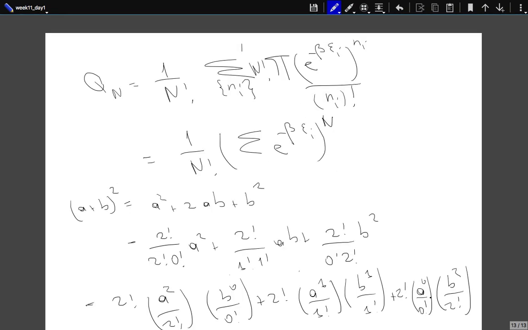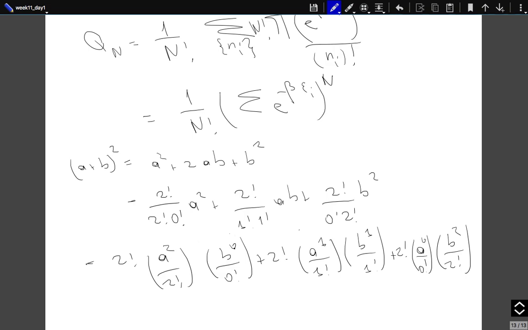This term over here is just a generalization of this one. Here I have just the sum of two terms, so each term contains only the products of 2 factors with various powers. And the sum of those powers, 2 plus 0, 1 plus 1, 0 plus 2, are all 2, the overall power over here.